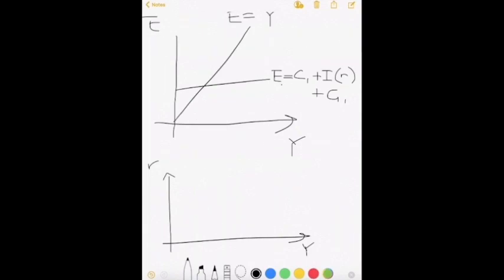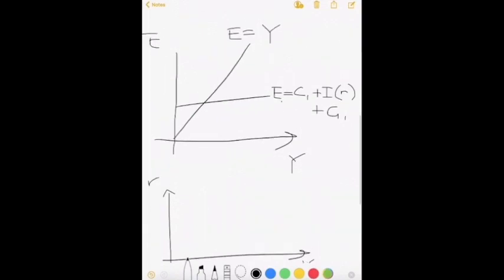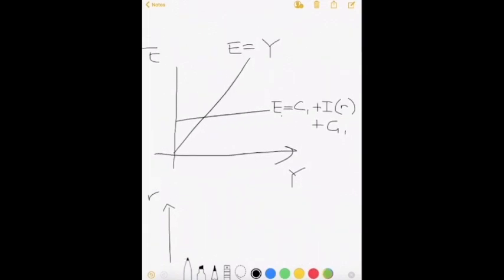We'll start off with the Keynesian cross model with investment now endogenized, and let's come up with some values. Let's say that when interest rates were 10%, when the value of R was 10%, the economy was at equilibrium and the GDP was 100.